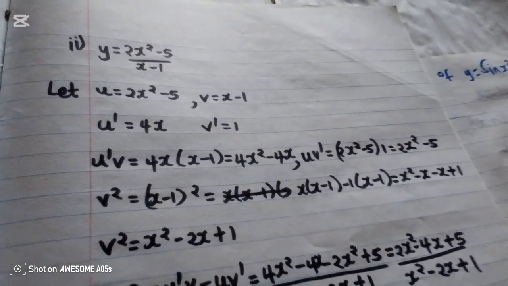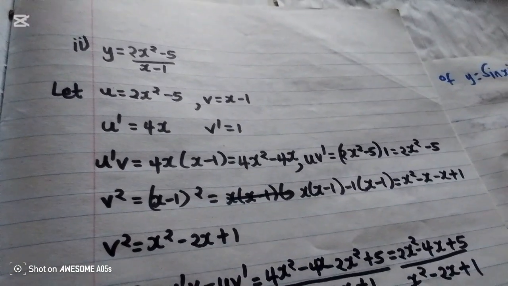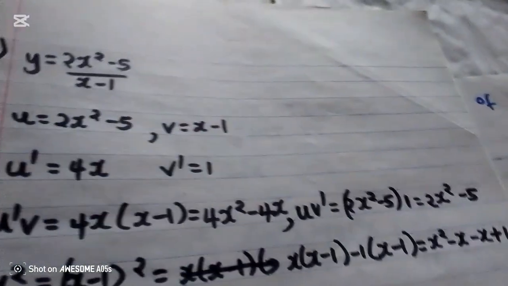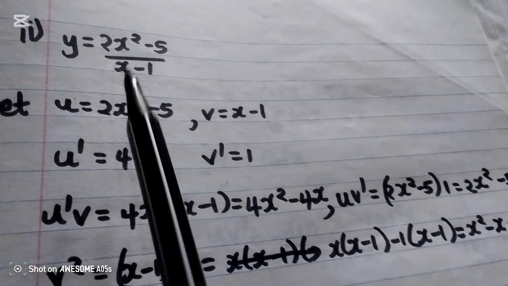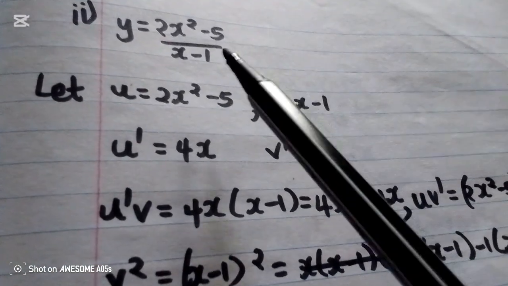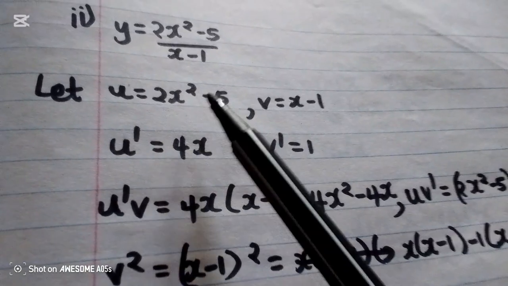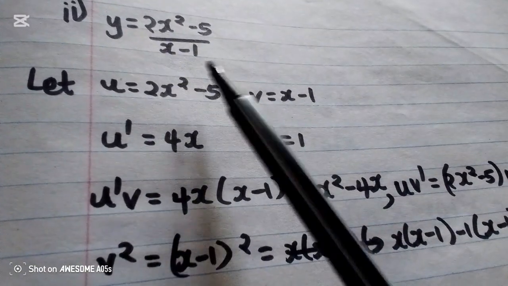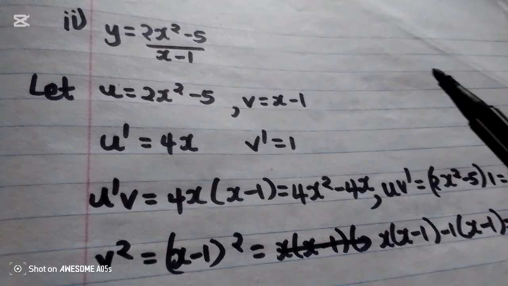On to our next example. y equals 2x squared minus 5 over x minus 1. We'll have our u to be 2x squared minus 5 and our v will be x minus 1, which is the denominator.